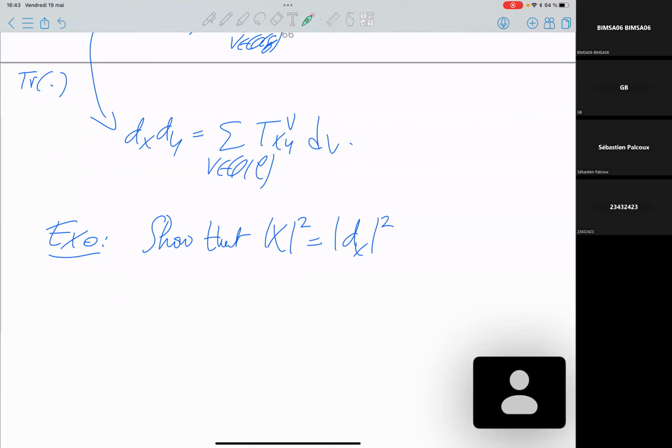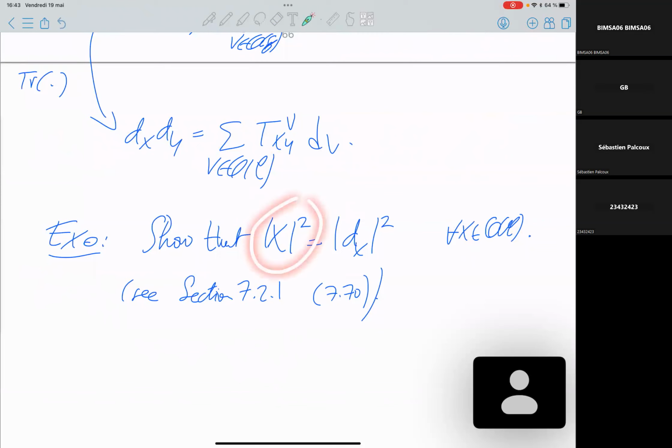But we have a formula, I don't remember. So for all x simple, section 7.2.1, equation 7.7.0. So we see here that the definition of square norm is independent of the choice.